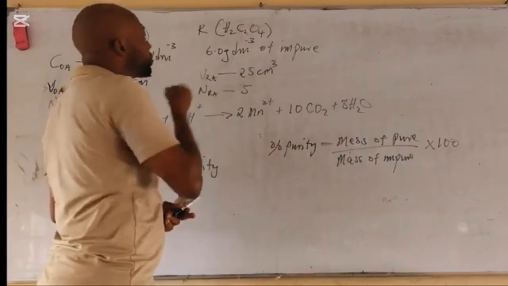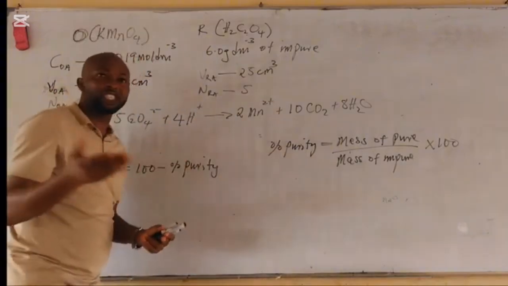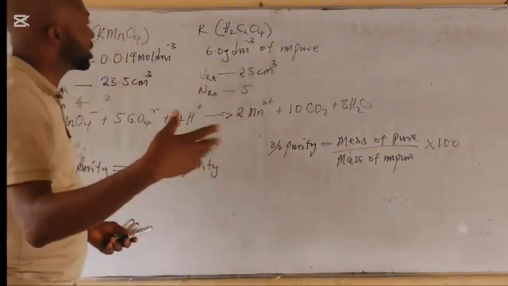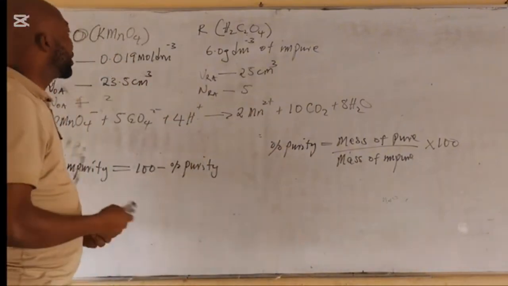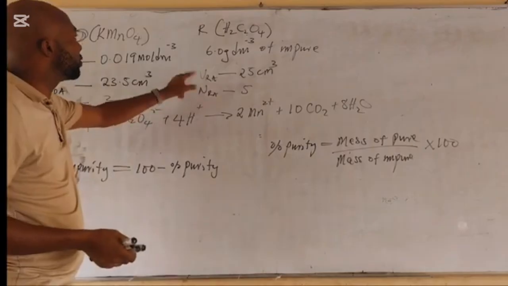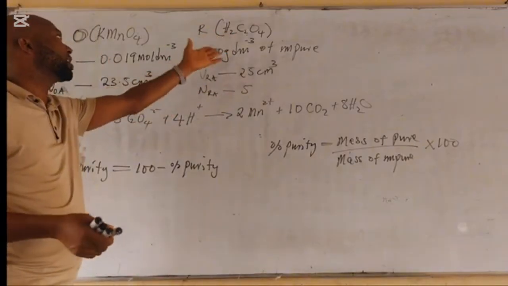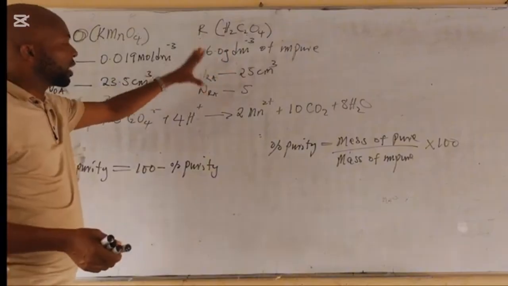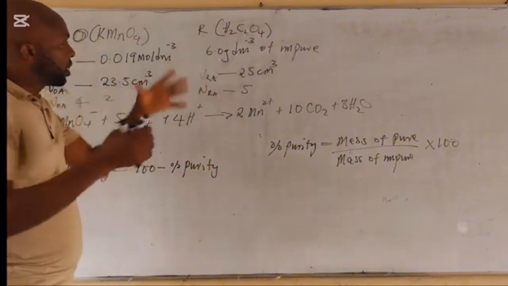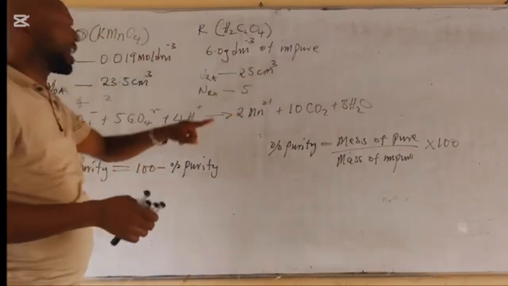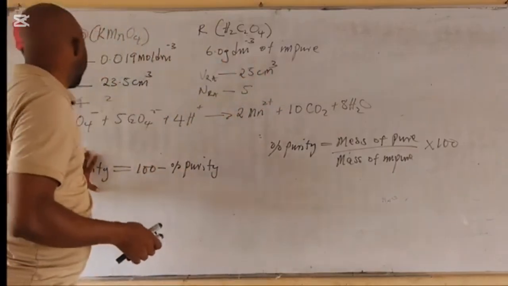For us to do that, we use our formula for mass concentration, which is g/dm³. The mass concentration equals molar concentration times relative molecular mass. So we must know the molar concentration of the ethanedioic acid. We know the relative molecular mass to be 90, so that we get our mass concentration of the pure, before we can apply it in this formula.